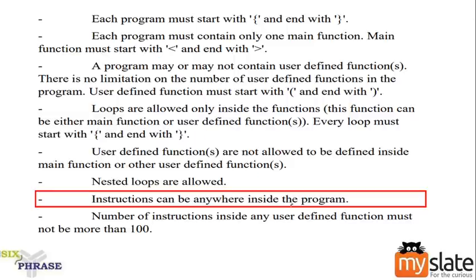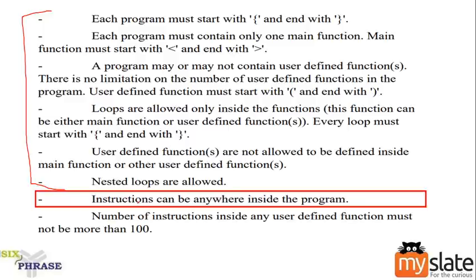Instructions can be anywhere inside the program. So until this point, they were speaking about brackets, right? Curly bracket, angular bracket, round bracket, and loops, which use the same bracket. Until this point, we were discussing brackets, but here we are discussing instructions.